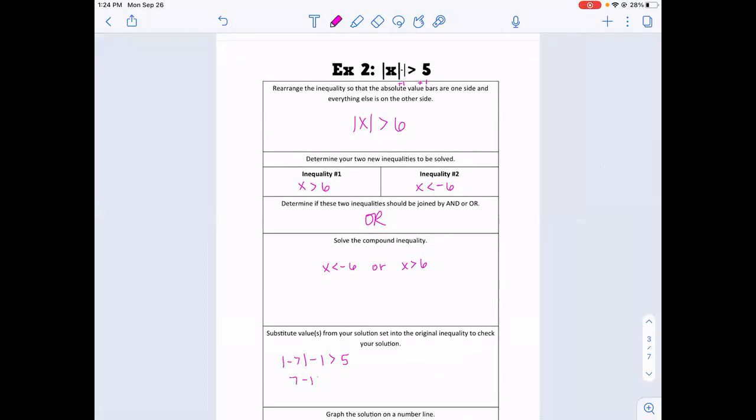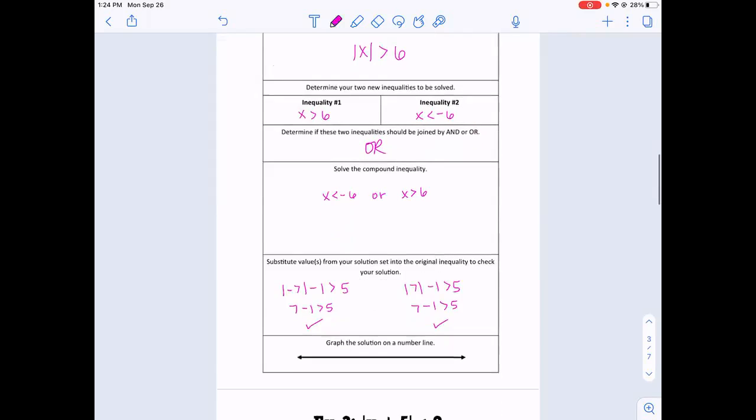Is 7 minus 1 greater than 5? Okay, good. Or x is greater than 6. Estelle, give me a number greater than 6. 7. The absolute value of 7 minus 1 greater than 5. Is 7 minus 1 greater than 5? Okay.